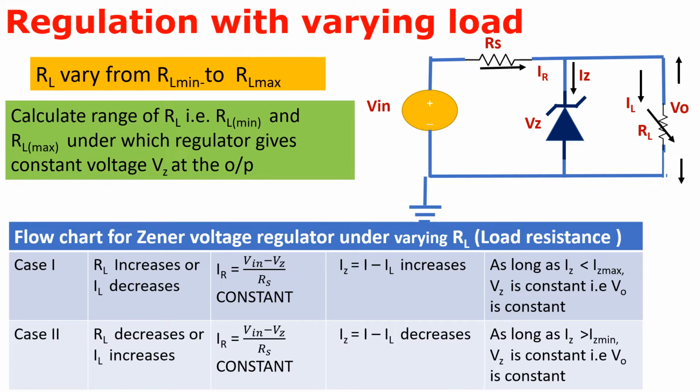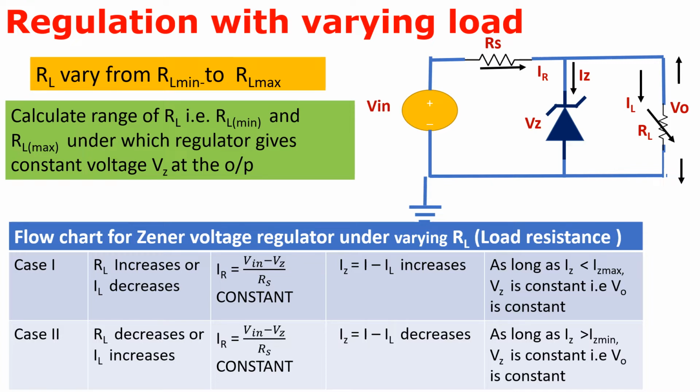Now come to the Zener current Iz. If you apply KCL at this node, Iz will be equal to IR minus IL. In this case, IR is constant and IL is varying and decreasing, so the difference IR minus IL will increase.